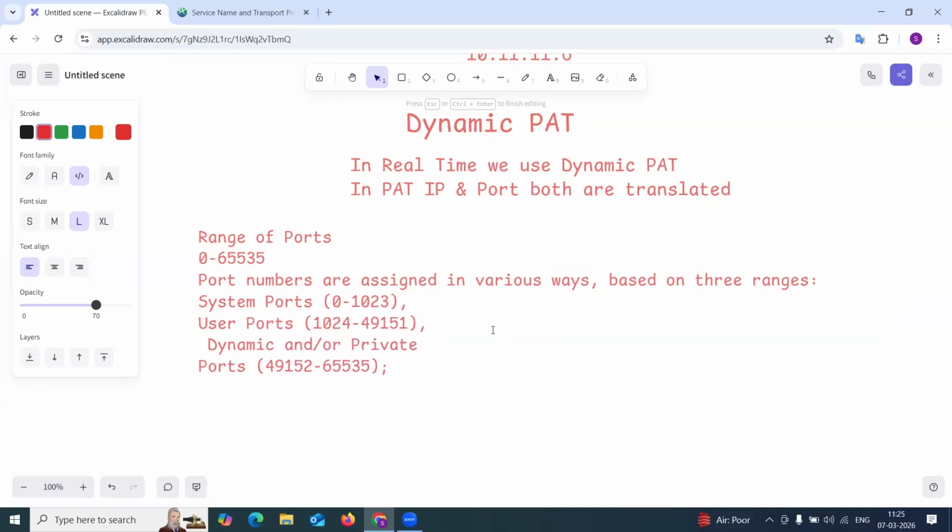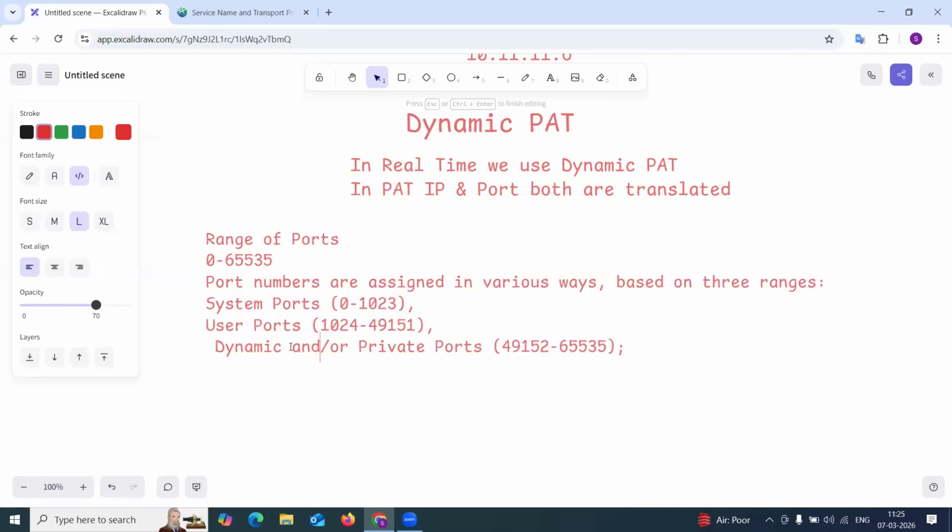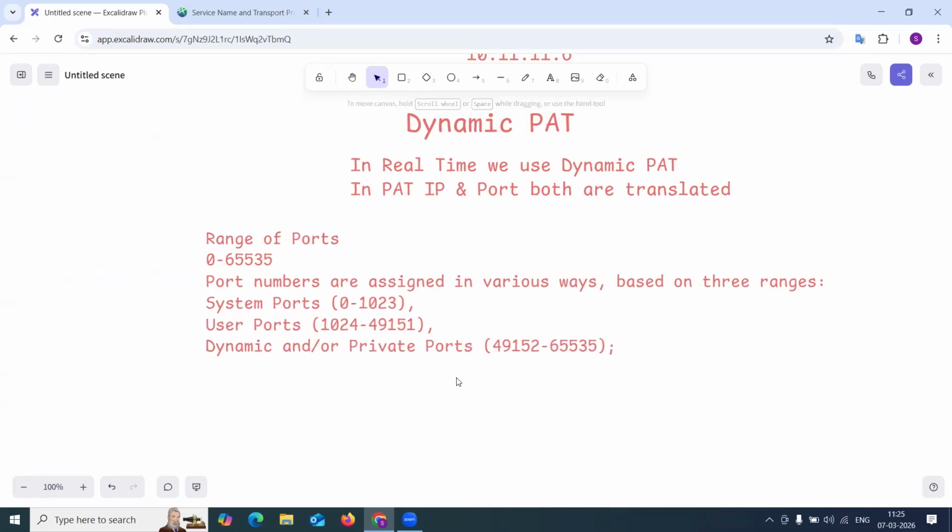And the last one is dynamic and or private port numbers. So these are the three ranges of port numbers. Take a note of it.